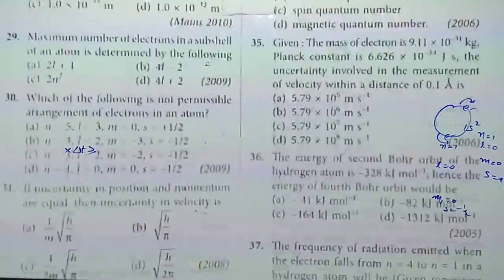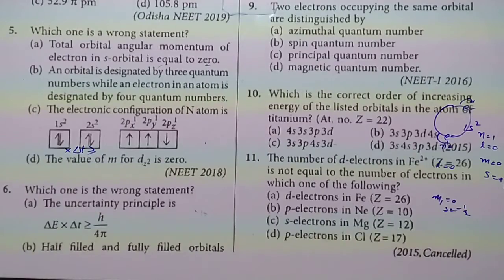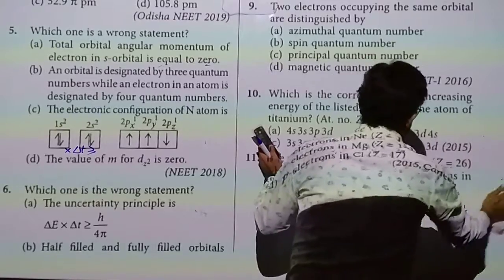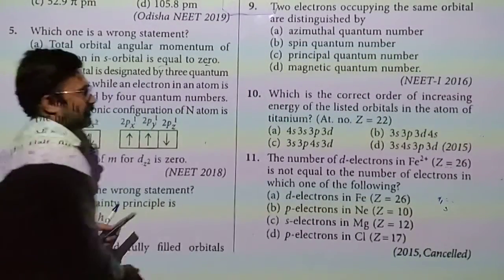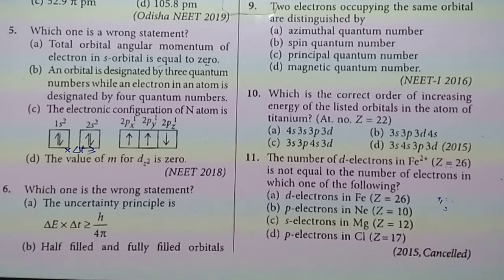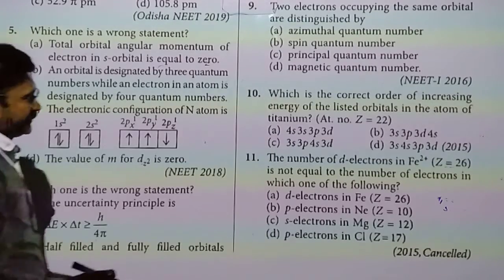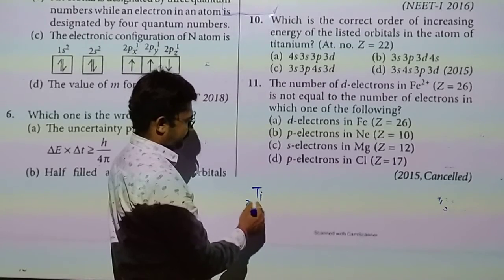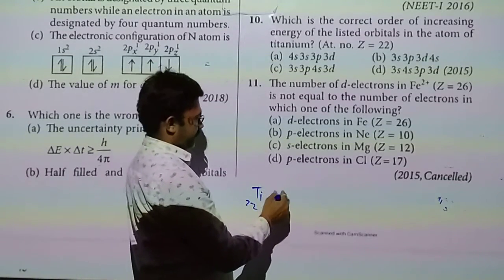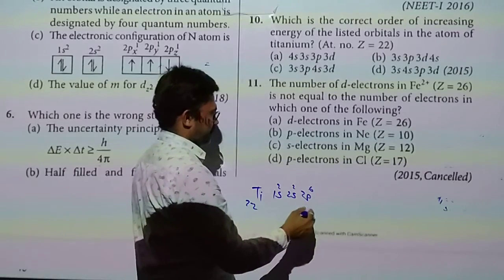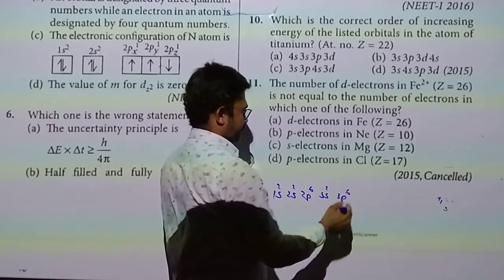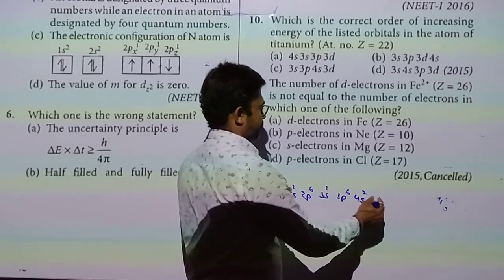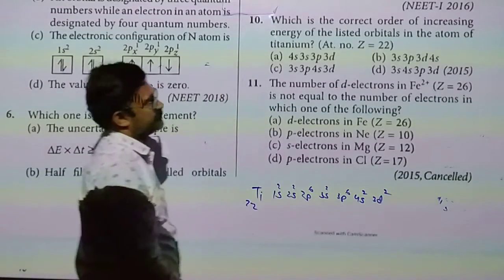Next question number 10. Which is the correct order of increasing energy of the listed orbitals in the atom of titanium? 2015. Titanium atomic number is 22. 1s2, 2s2, 2p6, 3s2, 3p6, 4s2 and 3d2.